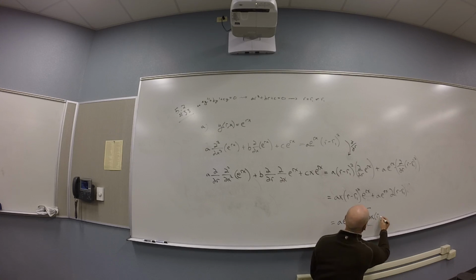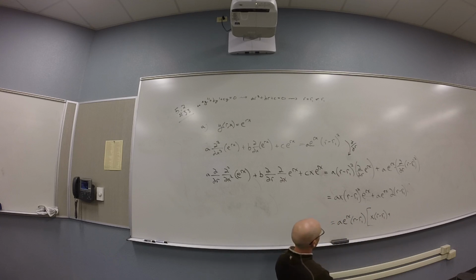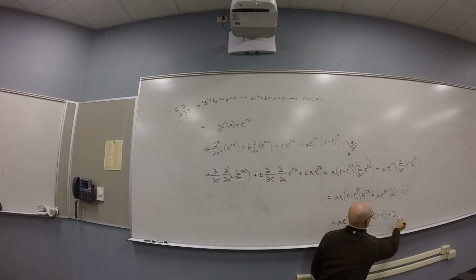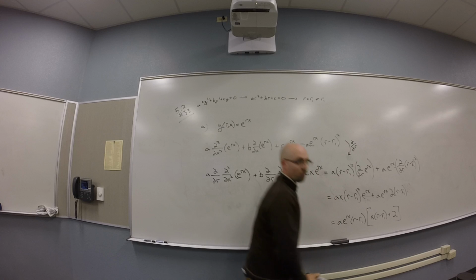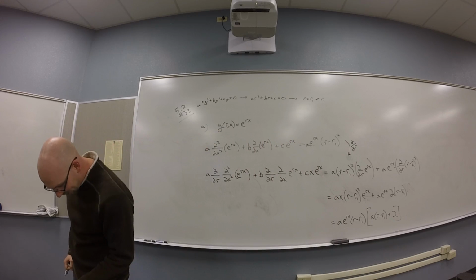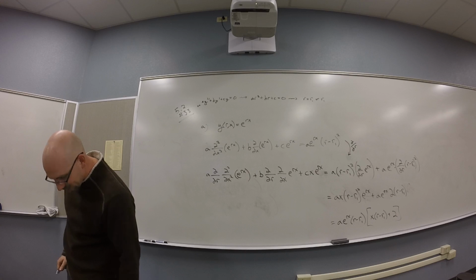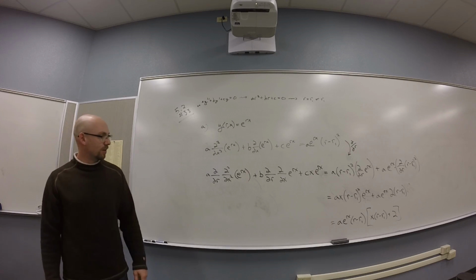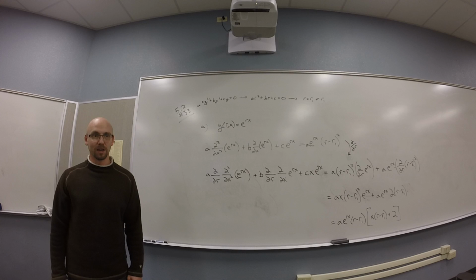We've got an x, R minus R1 plus 2. That seems weird, right? Which is, up to rearrangement of order, exactly what they told me to get.